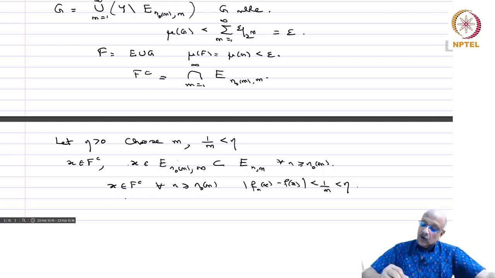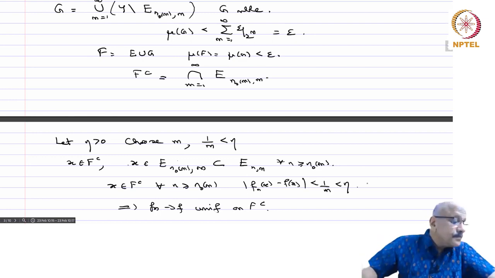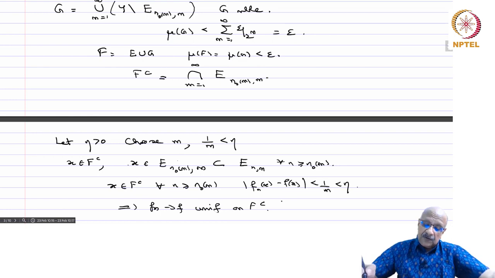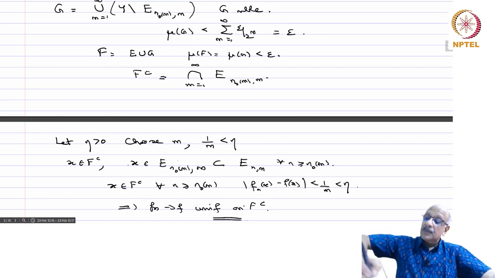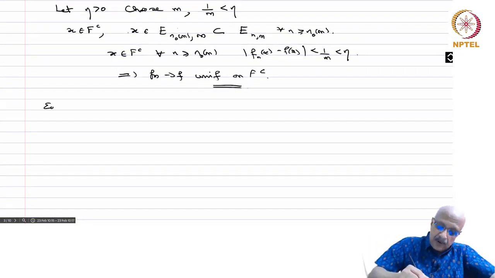So this is true for all x in F complement, and therefore you have that f_n goes to f uniformly on F complement. And the measure of F is of course less than epsilon, and therefore that completes the proof of Egorov's theorem.